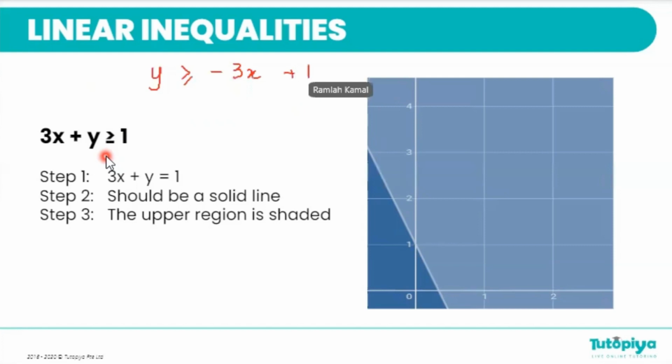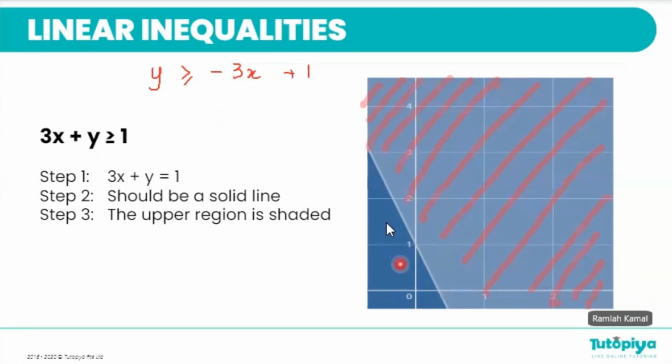So y is greater than or equal to minus 3x plus 1. Once we've made y the subject, you can see that y is taking the values that are greater than negative 3x plus 1. The values that equal negative 3x plus 1 lie on this line here, but we need the values that are greater than this, which means we would have to be shading the upper portion of our line.